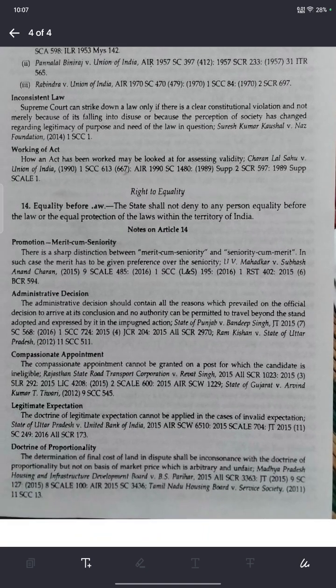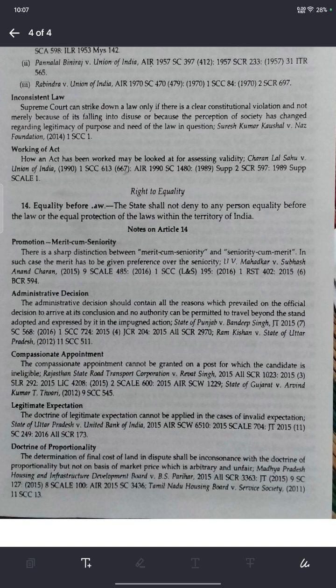Supreme Court can strike down a law only if there is a clear constitutional violation, not merely because of falling into disuse or because the perception of society has changed regarding the legitimacy, purpose and need of the law in question. So when will the Supreme Court strike down the law?